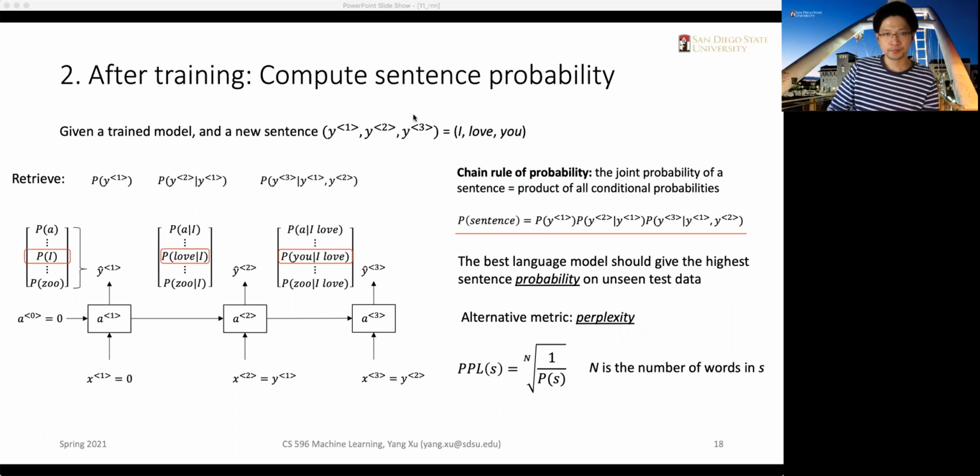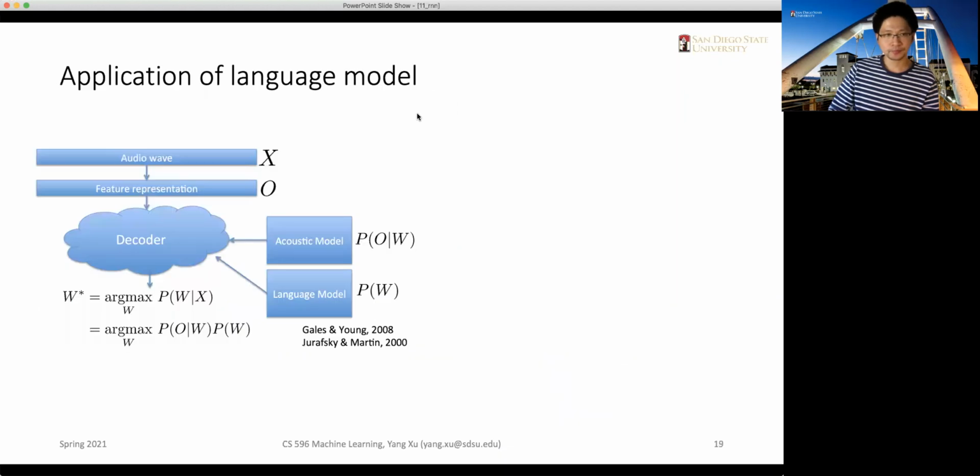All right. So I think we can go back to the example that we showed two slides ago. Remember, on the wall, I see a picture versus on the wall, I see a picture, right? So we can use the language model to inform the speech recognition system which sentence is more likely.